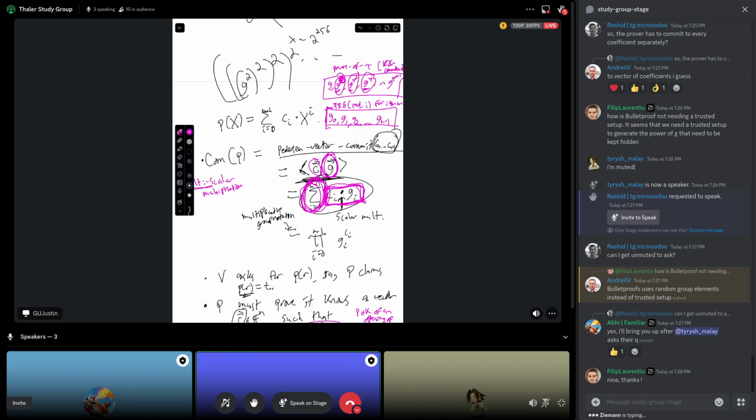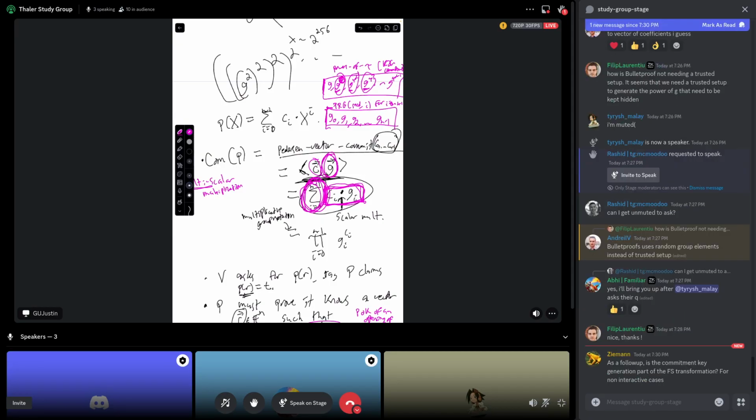Exactly. And just to be clear, we have ways now to generate the powers of tau SRS where thousands of people might participate, and only if they all get together and collude can they reconstruct the secret tau.